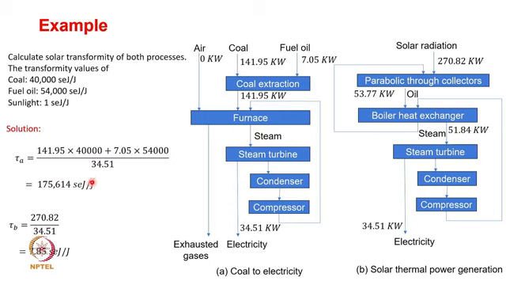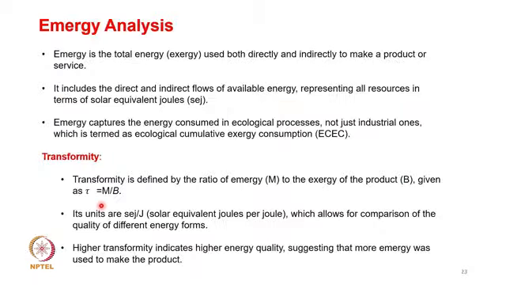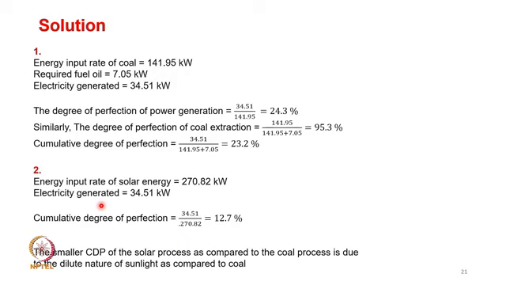So now look at what the factors are. Tau A in this case is 141.95, which you have to multiply with 40,000, and fuel oil comes to 7.05, which you multiply with 54,000, divided by the Exergy value that we have just computed, which is right here.